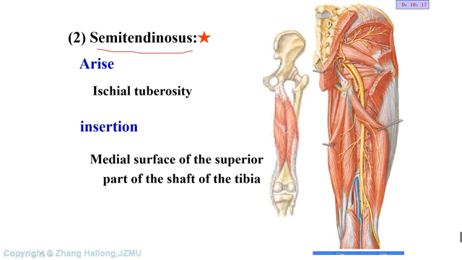Second one, semitendinosus. It is also from the ischial tuberosity, and the insertion is the medial surface of the superficial part of the shaft of the tibia, here.